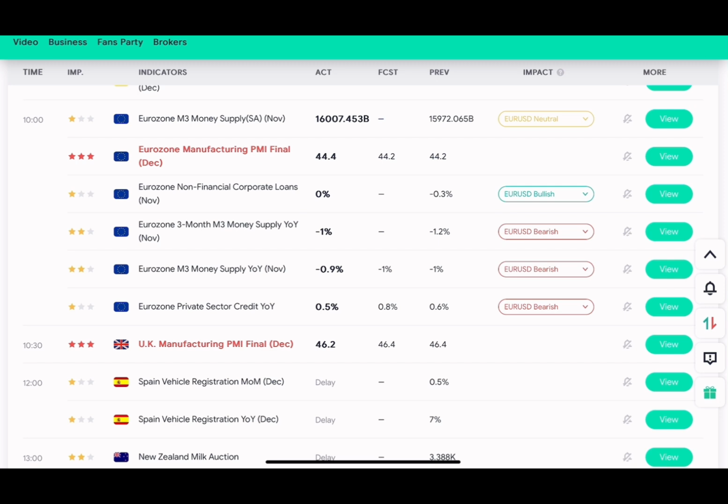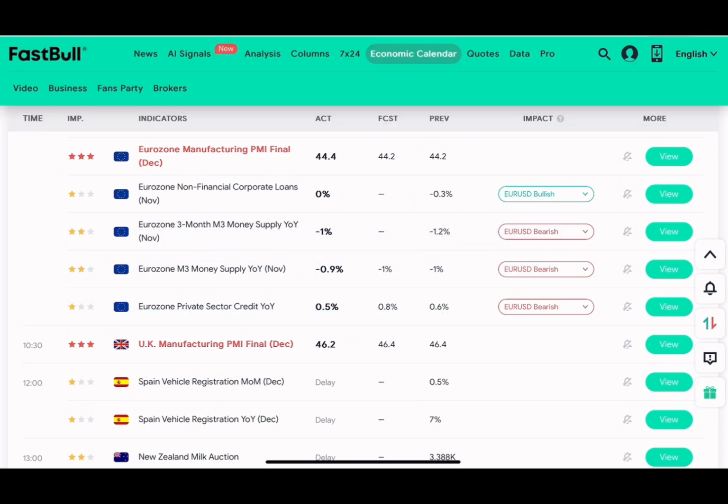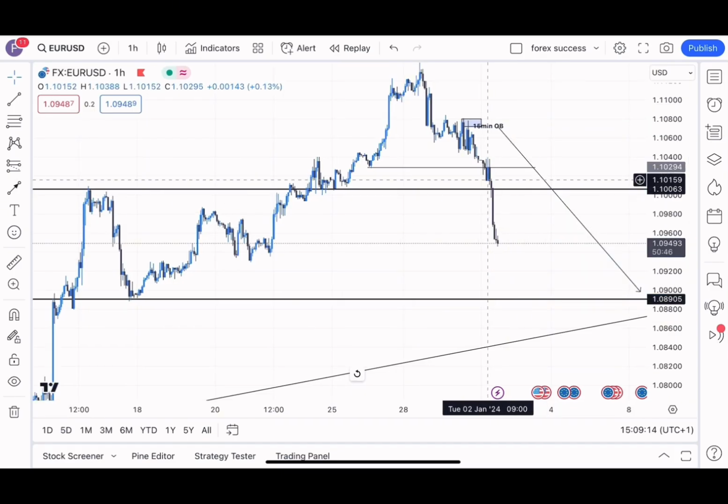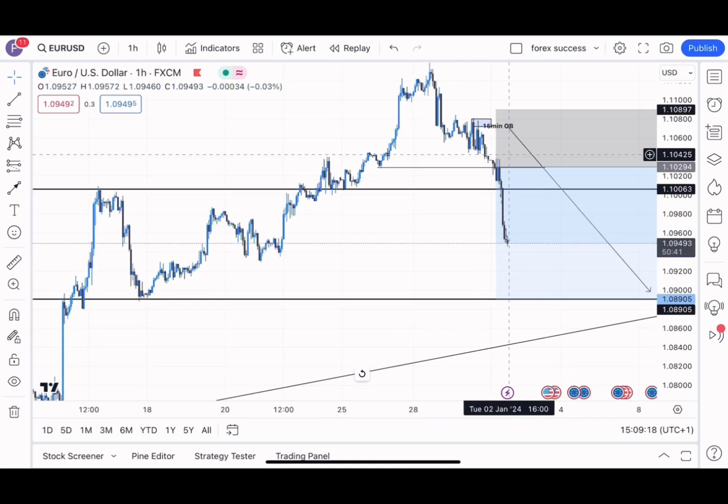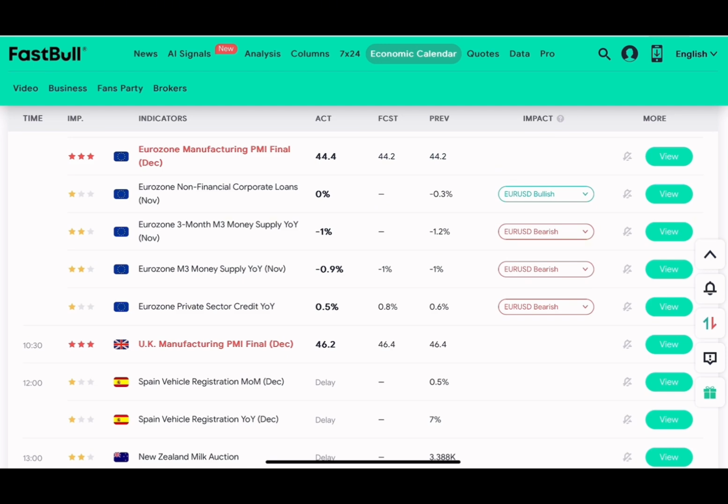This is the Euro zone, and this news, based on the impact, is showing that Euro USD is bearish. It's also showing Euro USD bearish right here. So look at the chart. On the chart, what is Euro USD doing? Euro USD is bearish. So you can see how effective this can be. That's why I recommend you guys to use Fastbull.